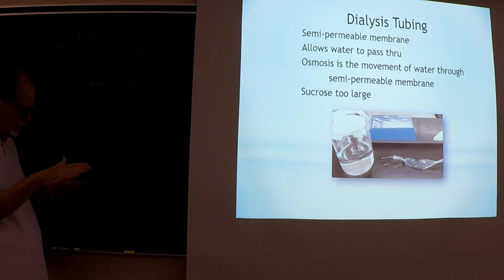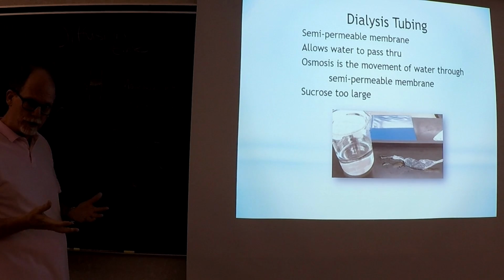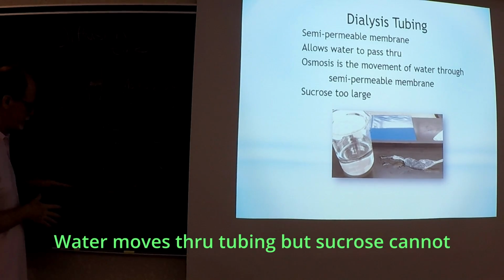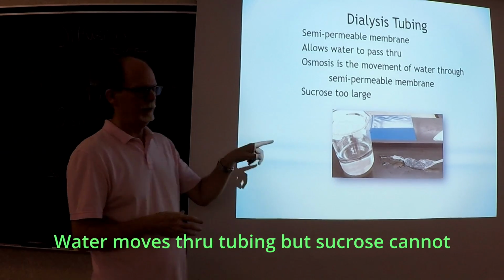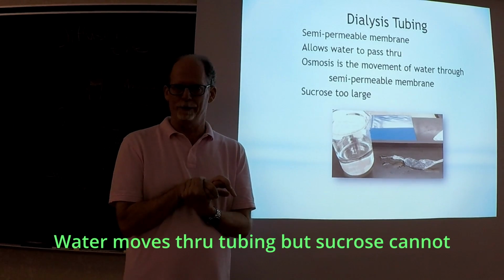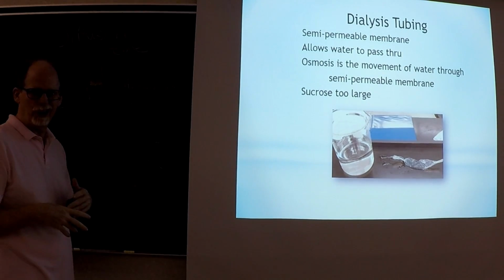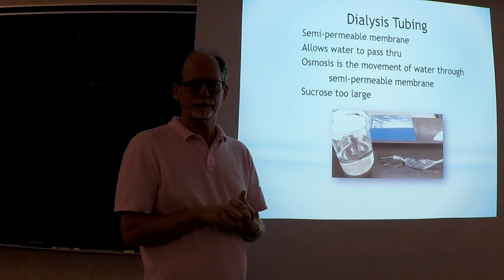Water will move in and out, using osmosis. If we put sucrose in the water as well, the sucrose is too big to move through the dialysis membrane or bag. That's why it's considered semi-permeable.